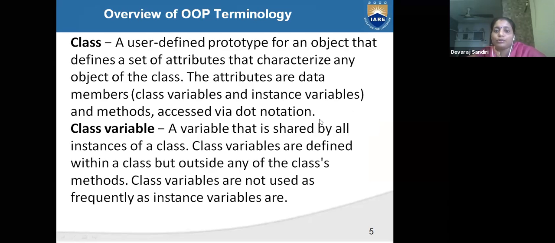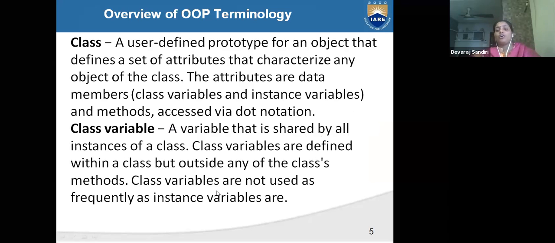Anything we have to add inside a class, we have to use in the init method. Here, a class variable means a variable that is shared by all the instances of the class. Class variables are defined within a class, but outside any of the class methods.